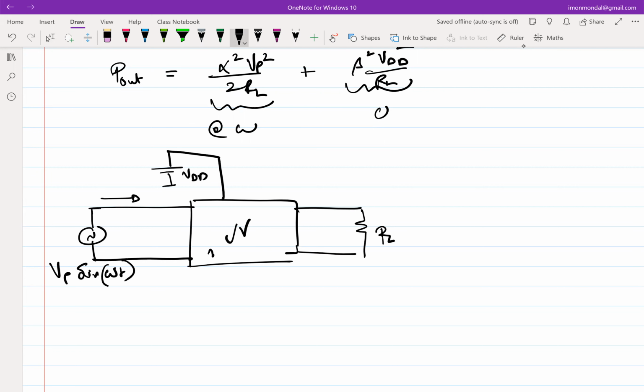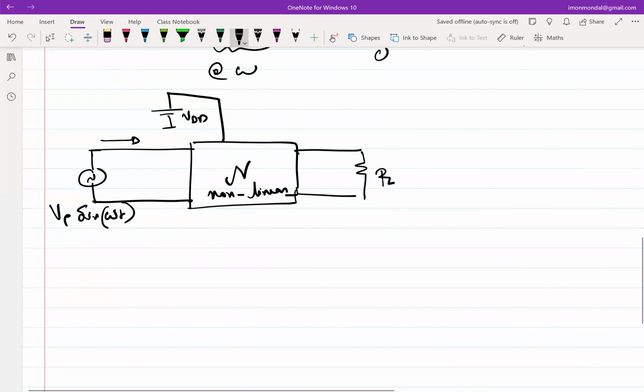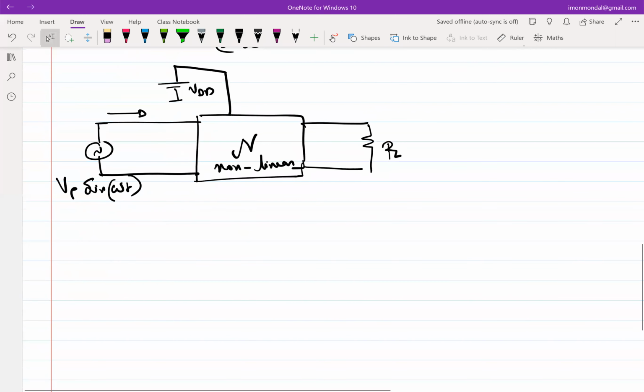This is nonlinear. Now note that in a nonlinear circuit, you cannot use superposition, which means you will have to analyze this in conjunction. So let's say that this nonlinearity is of some form. You have to assume some form. Let's say the simplistic form is that you have a linear combination and a square combination, right?